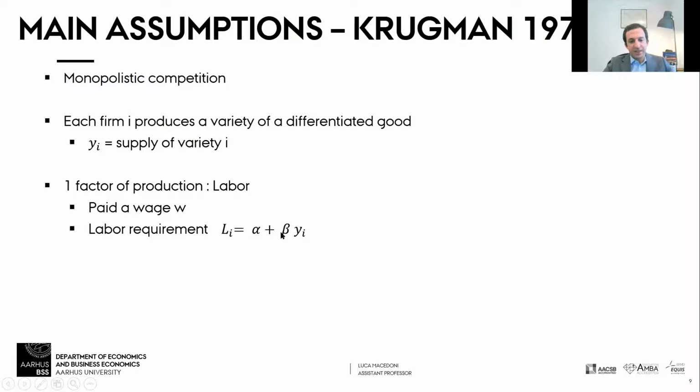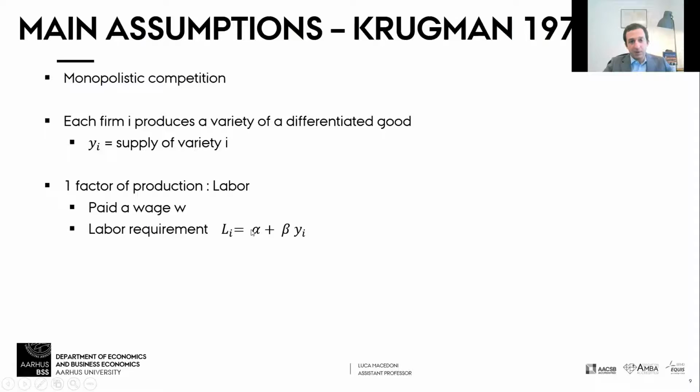So let's start with beta. What is beta? Beta is the variable labor requirement: how many workers you need to produce one unit of output. So the total number of workers you need to produce y units of output is y times beta. And then we have alpha, which is a fixed labor requirement.